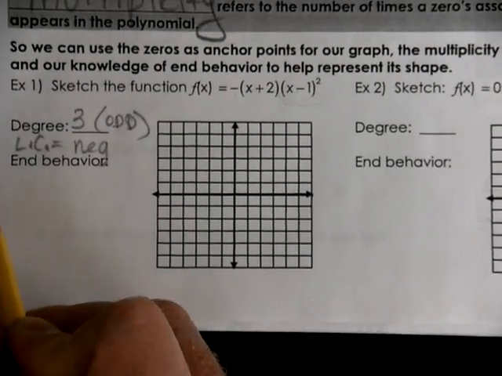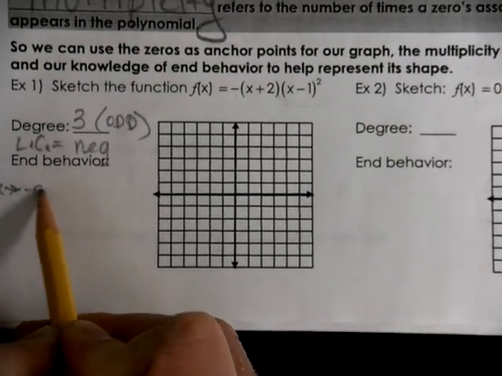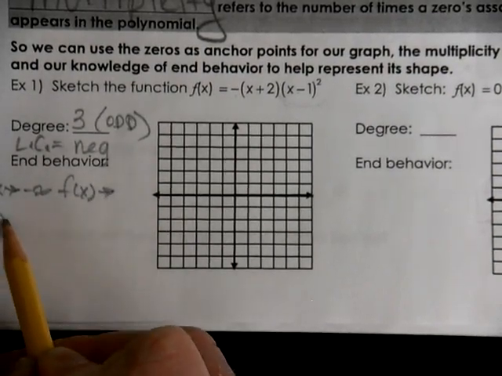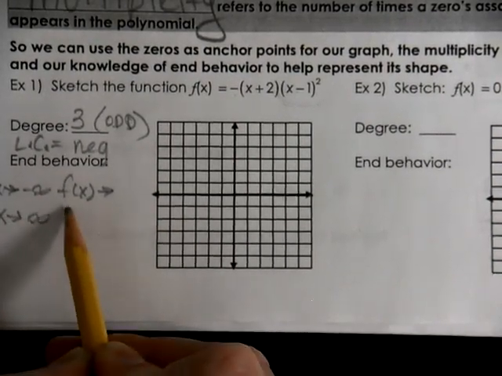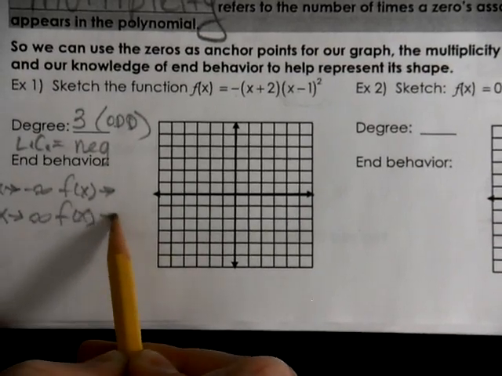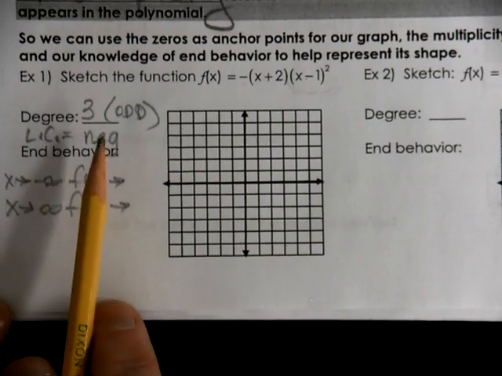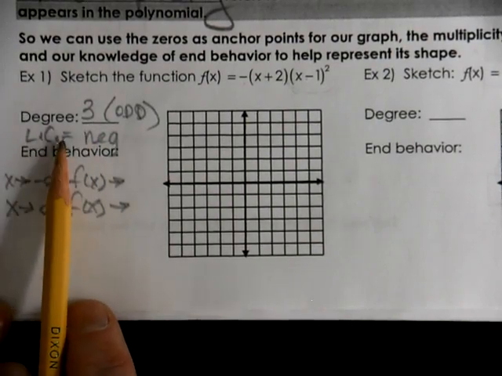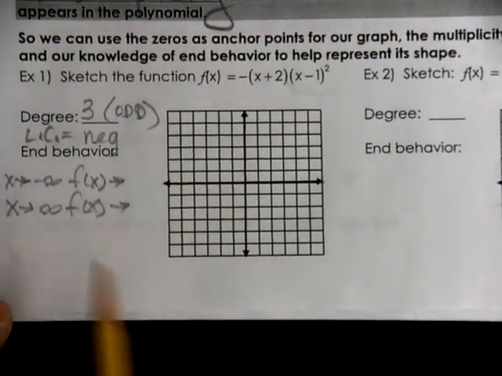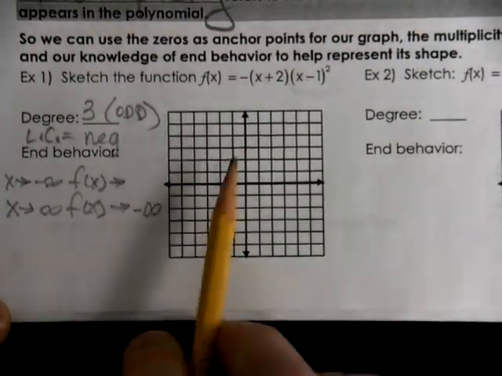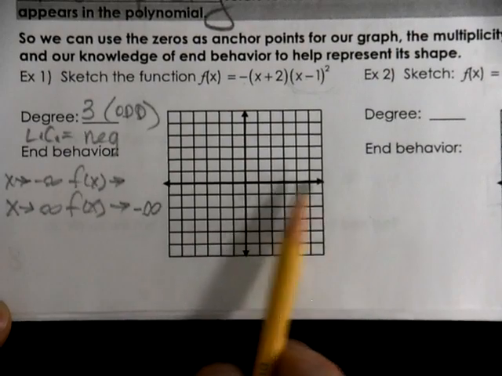So we can do our end behavior. We don't even need to see what the graph looks like. We definitely don't need to use our calculator. Because this is a negative leading coefficient, you know the graph is going to be going down as x gets bigger.